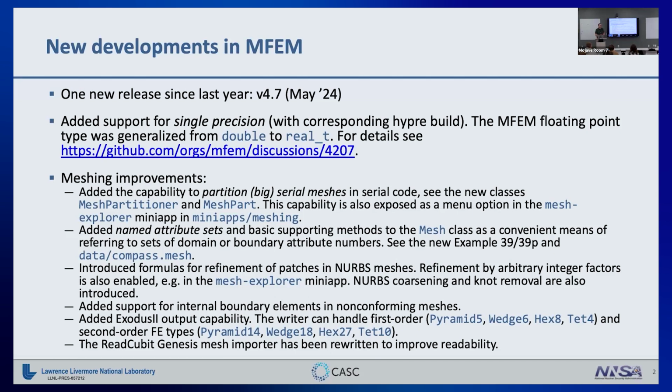The standard workflow in MFEM is you load your serial mesh on all processors, do some refinement, then you partition it, and then you do more refinement. If your mesh is so big that you cannot load it even with one rank on every node, you have to partition it separately, and this helps you do that. It's a pre-processing step, but I think you can also embed it in your application on the fly.